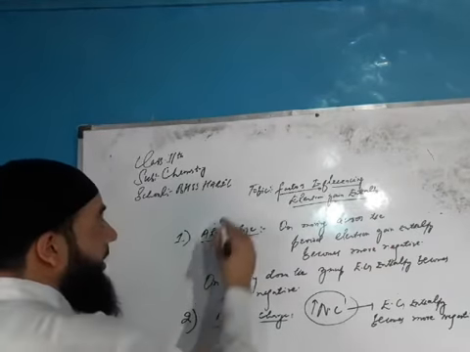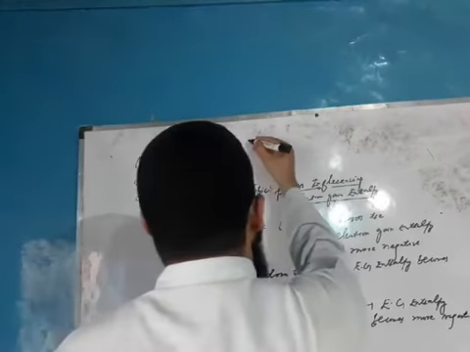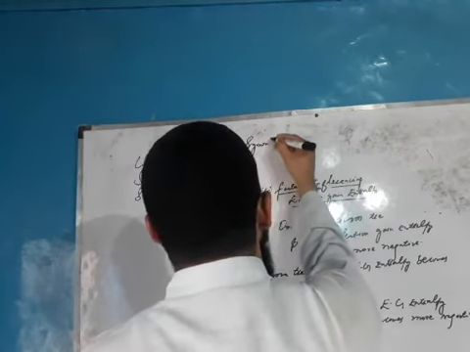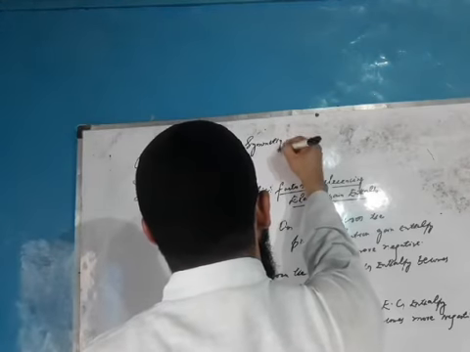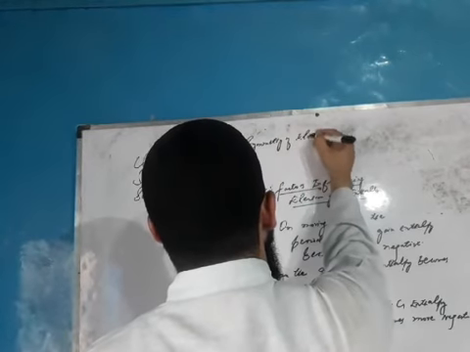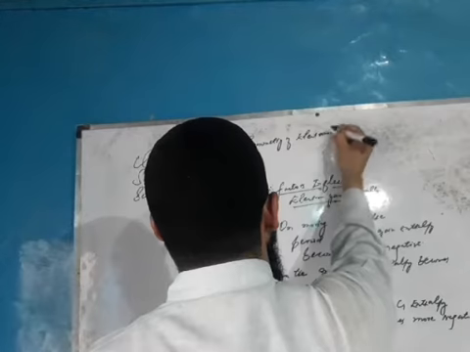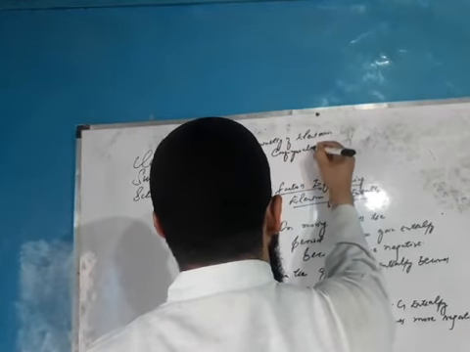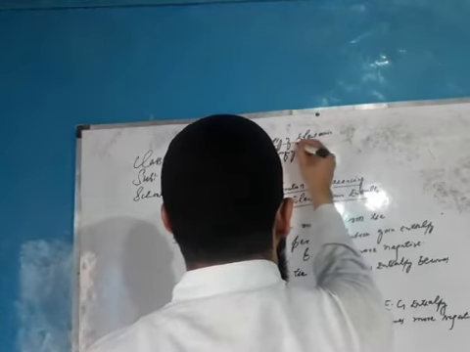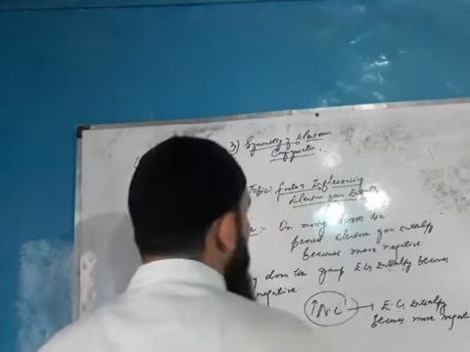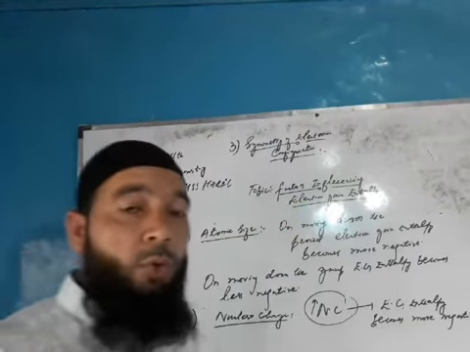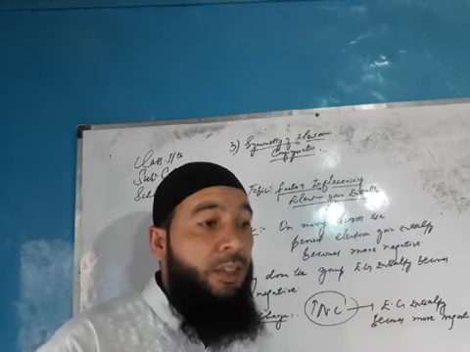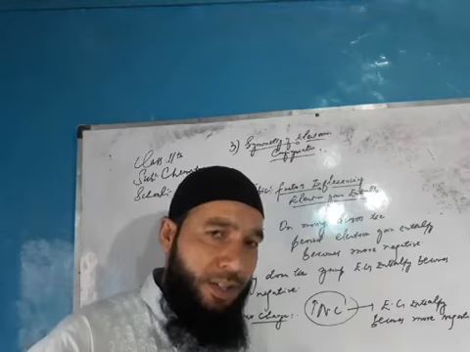Then we have the third factor, that is symmetry of electronic configuration. Elements which have a symmetrical electronic configuration do not have an urge to take an extra electron, as they are already stable.